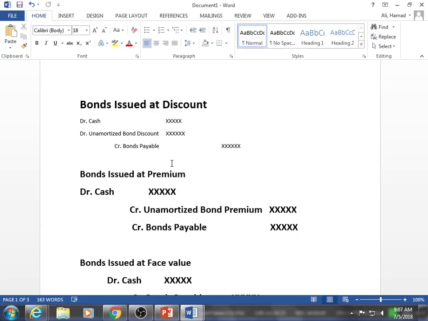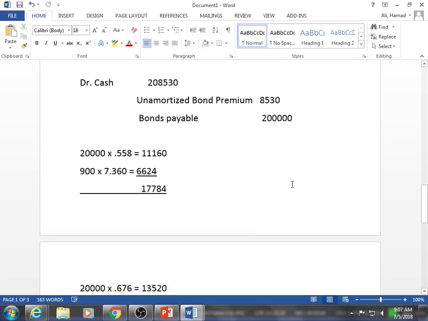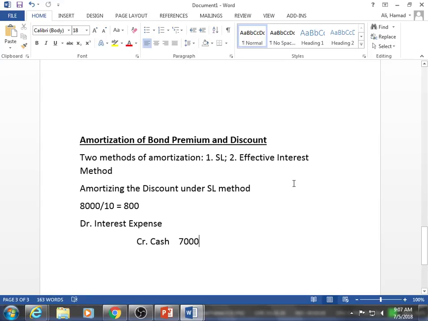So in addition to the cash, we're going to credit unamortized bond discount.